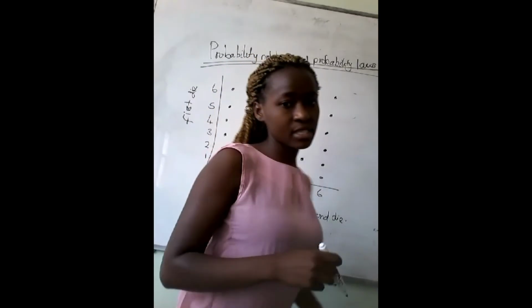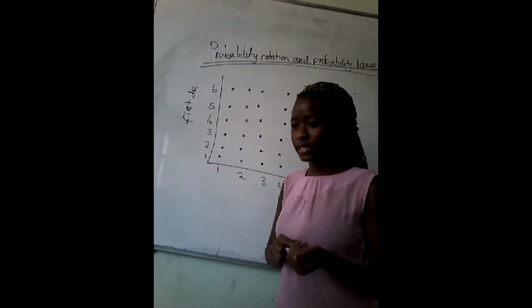So these are the 36 possible outcomes that we get.